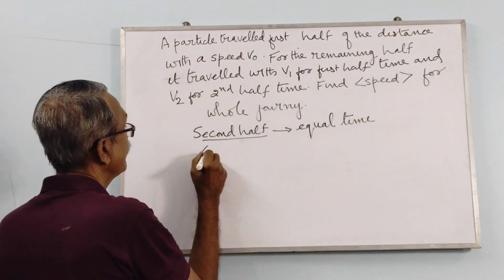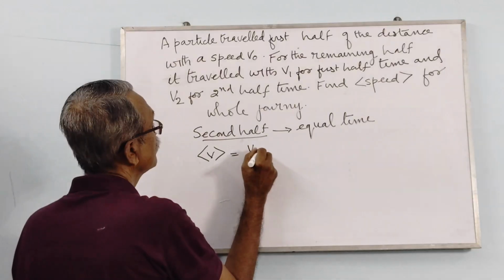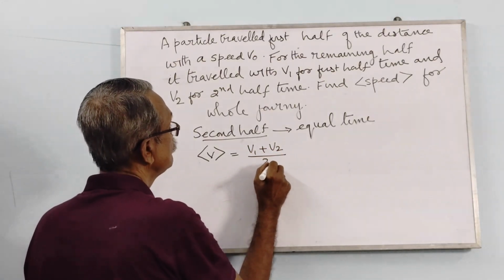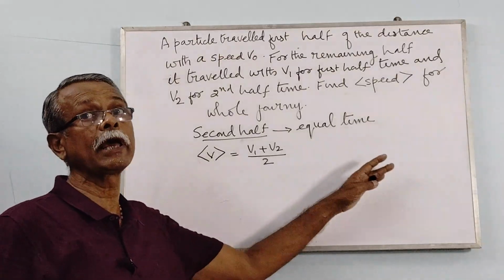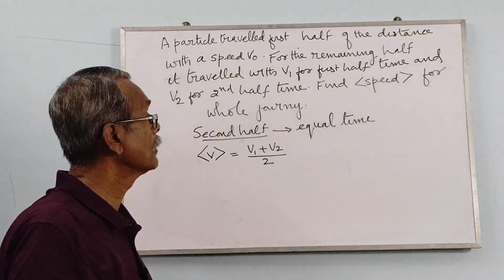Therefore, its average speed will be equal to v1 plus v2 divided by 2. Because it is equal time, you have to take the arithmetic mean.